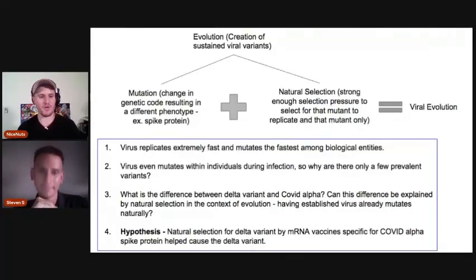But if we mess with Mother Nature, changing the life cycle of the virus because we're very specifically protecting against one version, it's almost like the gym for the virus. We're forcing it to mutate.